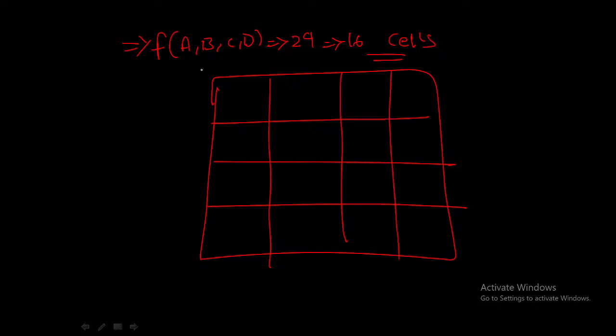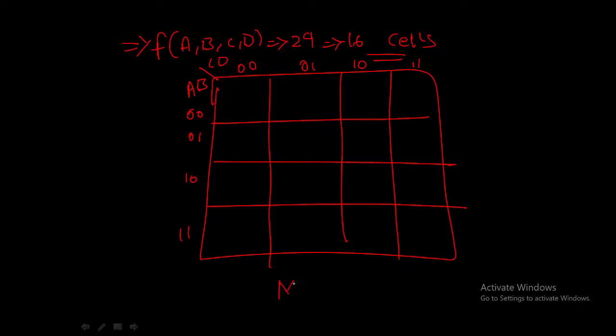Let's say A, B, C, D. What are the possible combinations of CD? 0 0, 0 1, 1 1, 1 0. So these are all the possible combinations of ABCD.